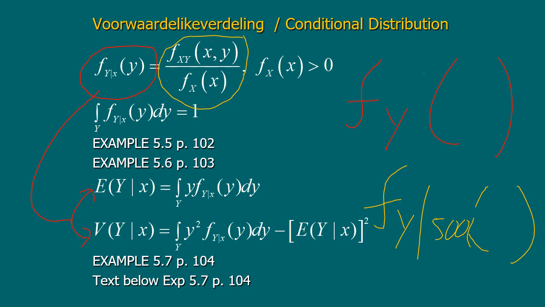You get the distribution first, and once you have that, I can ask you expected value and variance. If I set the temperature at 500 Kelvin, what is the expected strength of your steel? What will be the variance of my tensile strength? Those two. And on here you see examples of both.